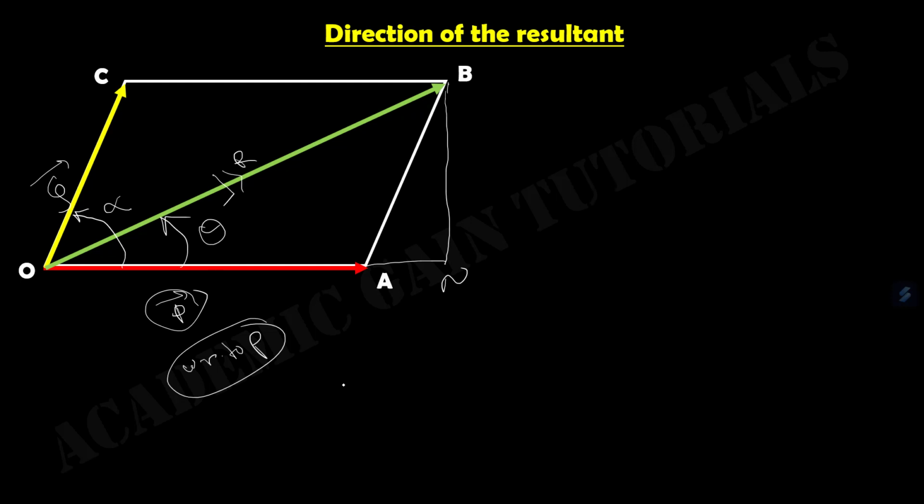First of all, I write the formula. If I want to determine with respect to P, then the resultant vector theta equals tan inverse, as I take this with respect to P, then this should be P and the other vector should be Q, and I write a plus between P and Q, and on the upper side I will write sine alpha by cos alpha.